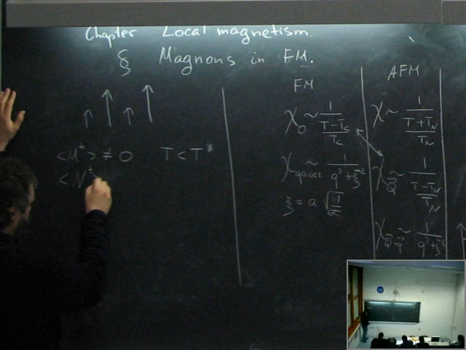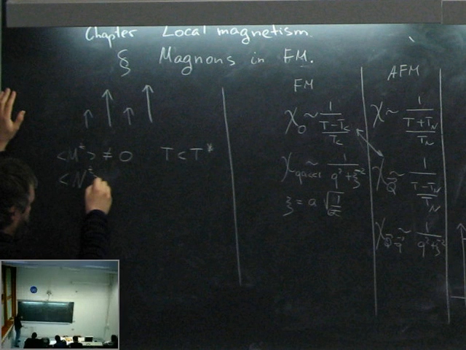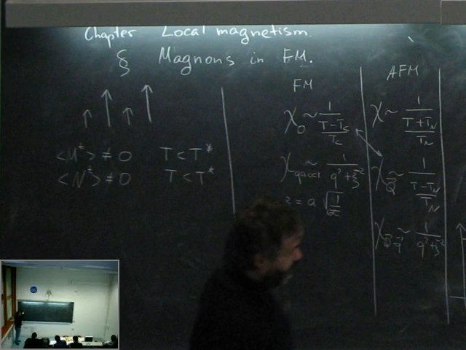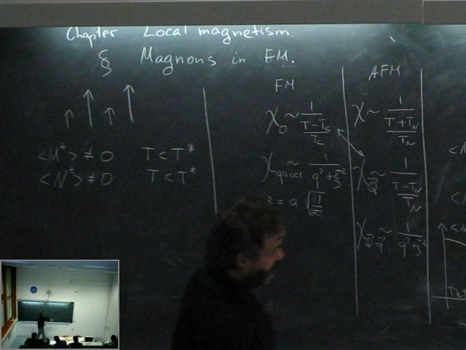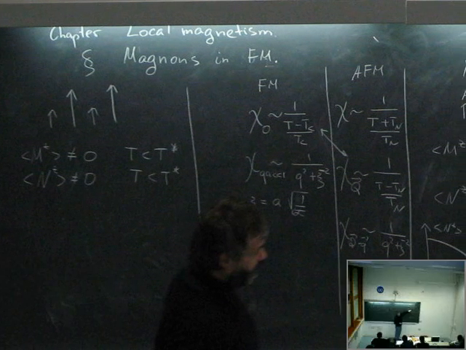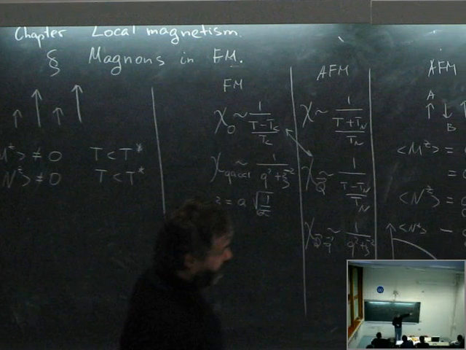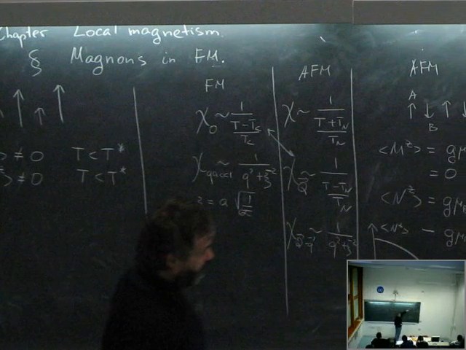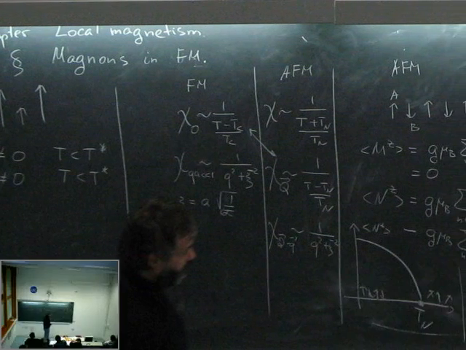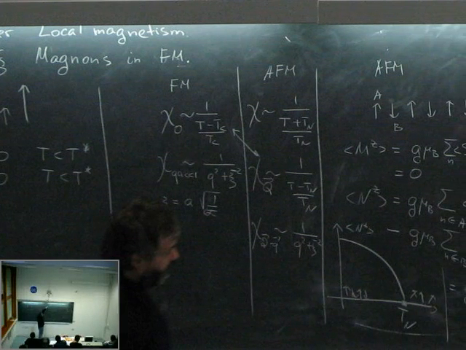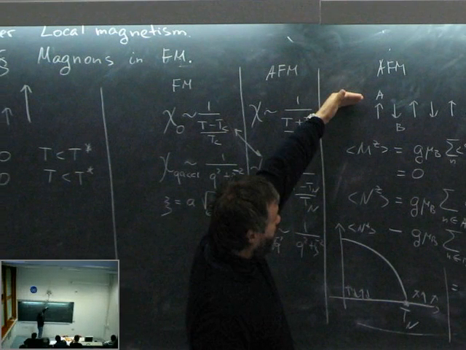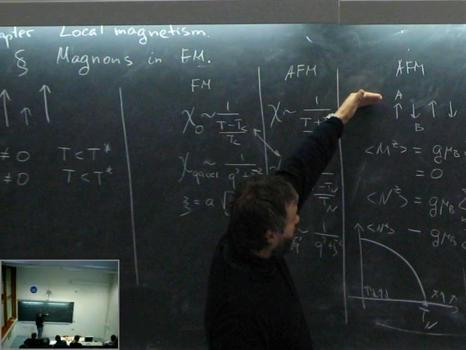So when the long-range order forms, and if we think that this is the alignment of our moments at very low temperature, then for ferromagnets we are talking about magnetization. Magnetization is a three-component vector. Therefore, the order parameter has three components. For antiferromagnets, the staggered magnetization is the order parameter.